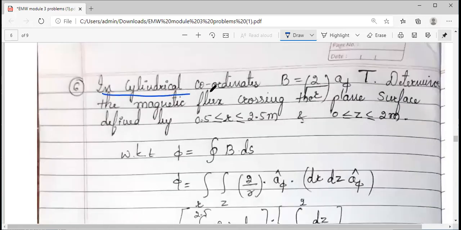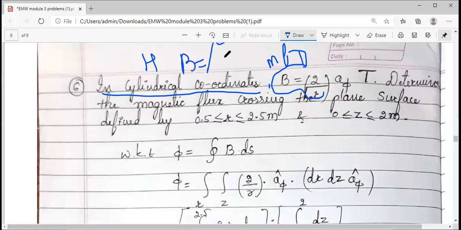Now, in cylindrical coordinates, let us move to the next problem. This is in cylindrical coordinates. They have given the value of B. B is magnetic flux density, H is magnetic field intensity, and we know that B equals mu naught times H. B is given.